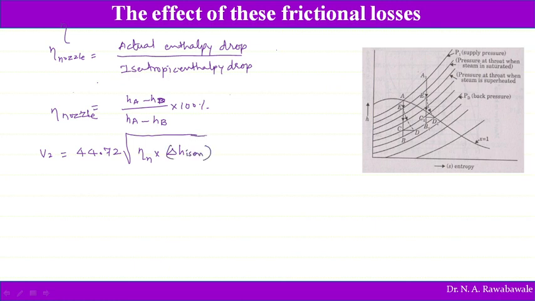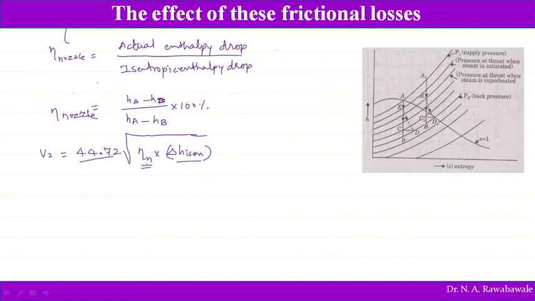The equation which we had derived was 44.72 square root of delta H, where nozzle efficiency was not there. We had considered the expansion to be isentropic, but practically the expansion is not isentropic.